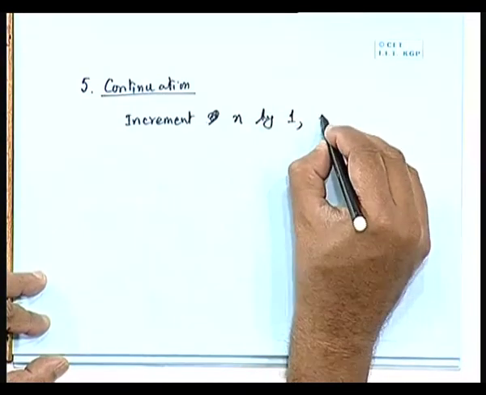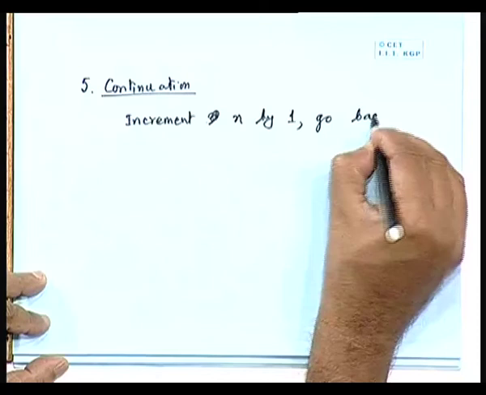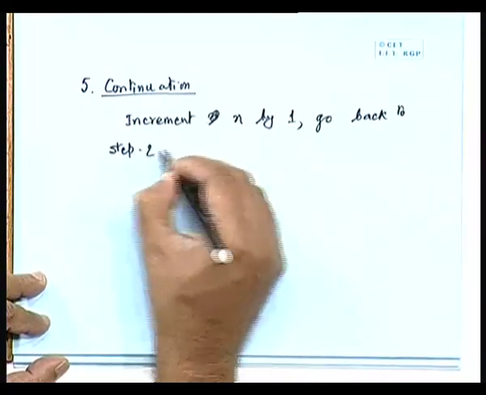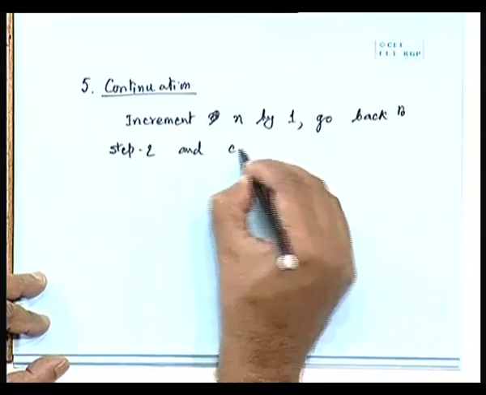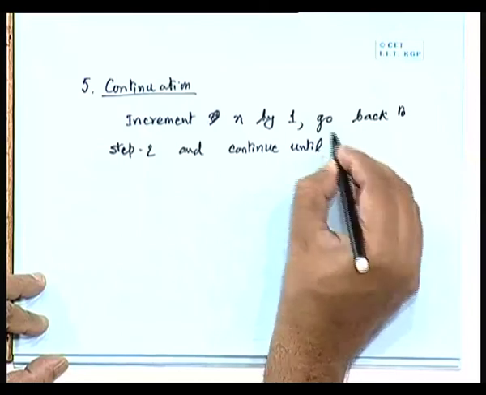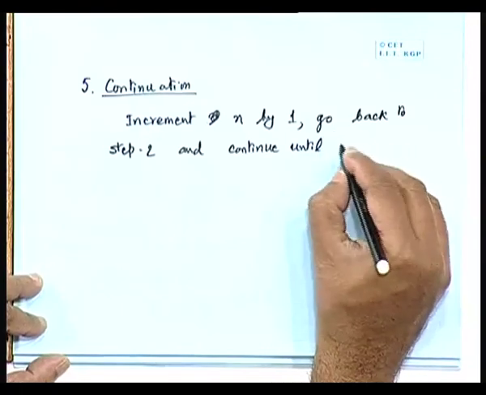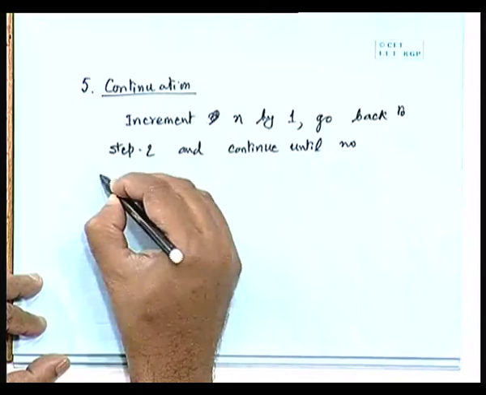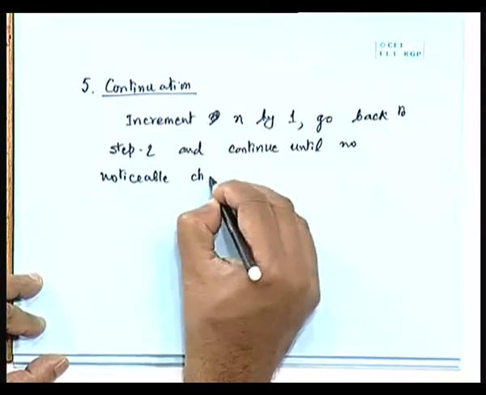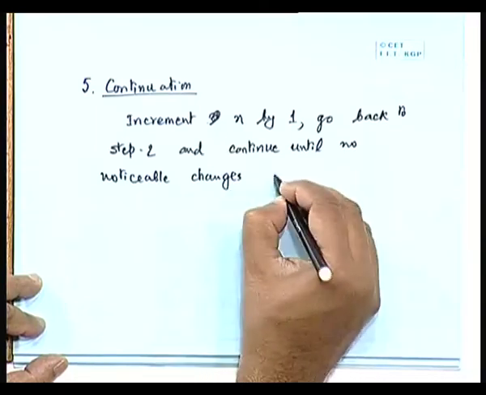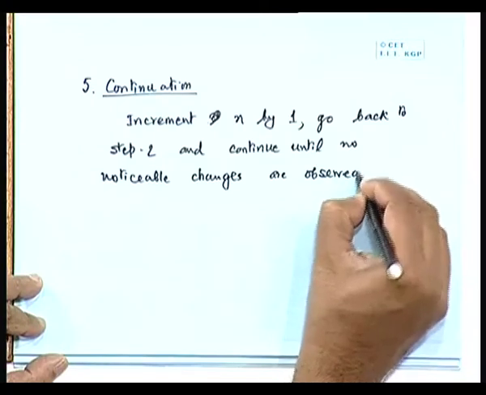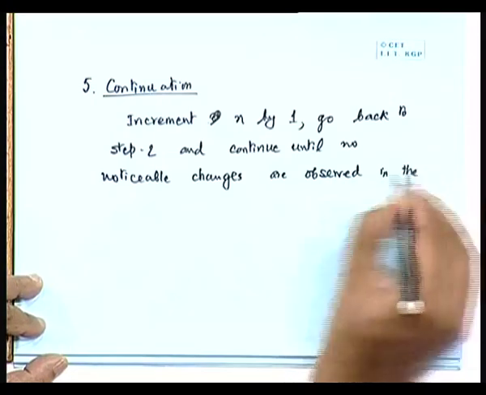So, increment n by 1, go back to step 2, and continue until no noticeable changes are observed in the centers Tk.